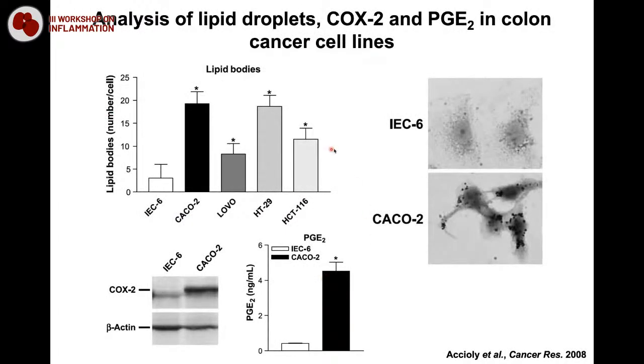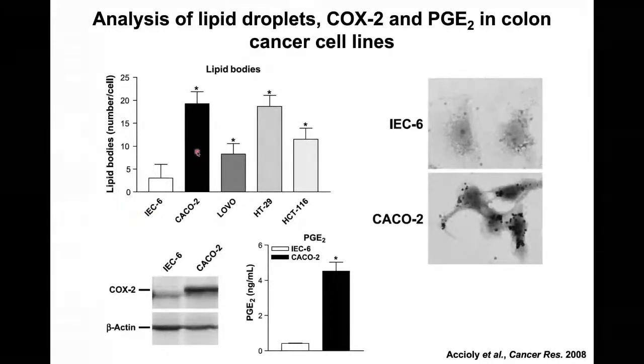First, I'd like to show you the number of lipid bodies or lipid droplets in cancer cells. Here we have 4 different lineages of human cancer cell lines, including CACO2 cells, compared with non-transformed epithelial cells from the intestine.